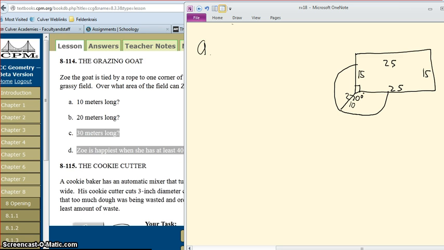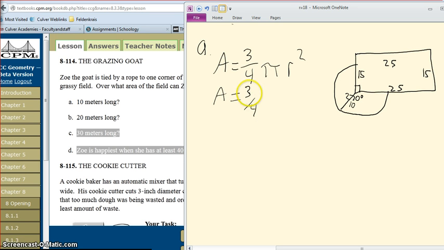Area equals 270 divided by 360, which we also know is 3/4, pi r squared.